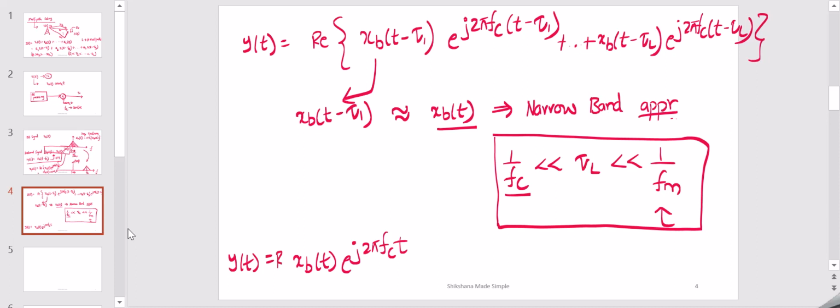Then this is the real part of this. Then we would get summation of i equal to 1 to L, e to the power of j 2 pi fc into tau i.